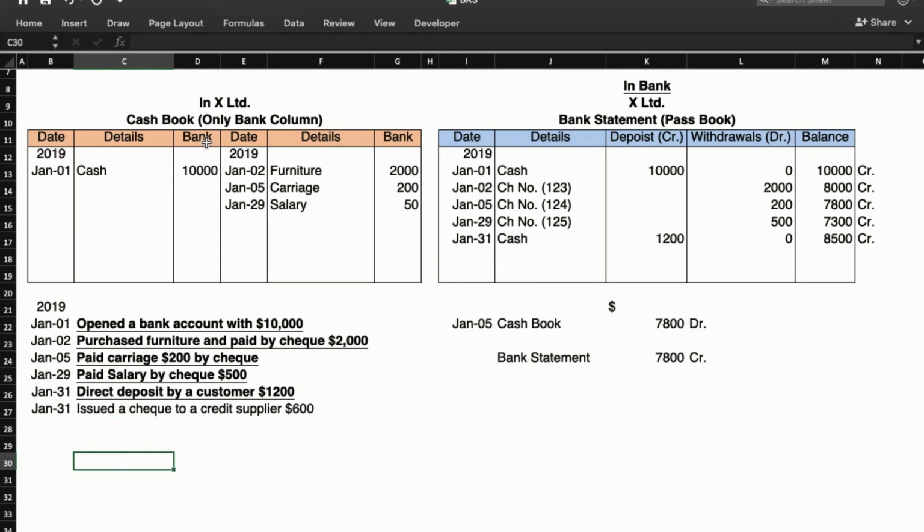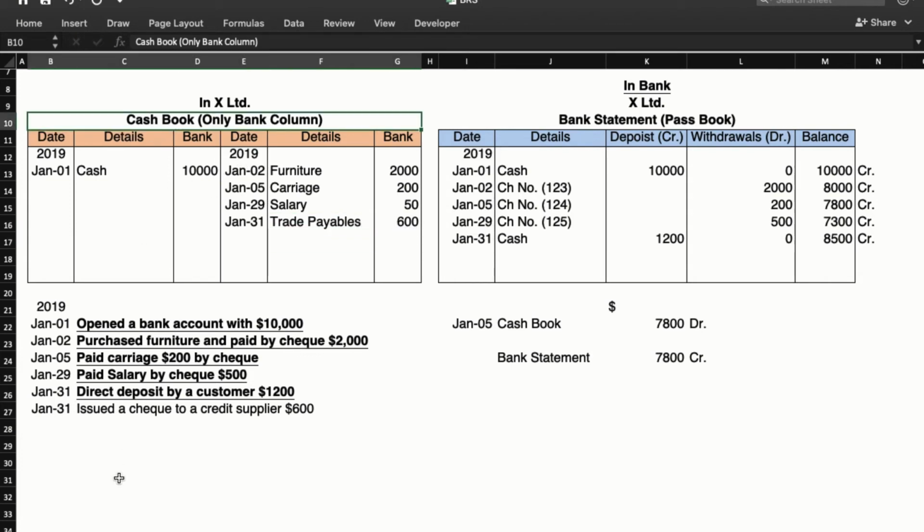As I issued the check, of course the bank balance will decrease, so I will write this transaction on the credit side. I will put $600 and date Jan 31st, and here I will write trade payables. So this is the recording in the cash book.